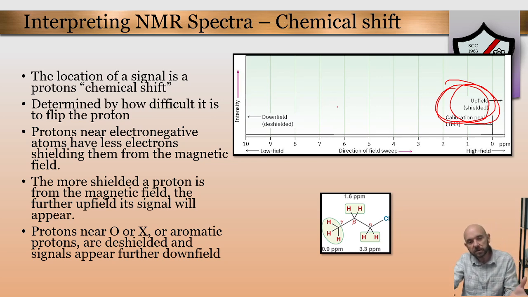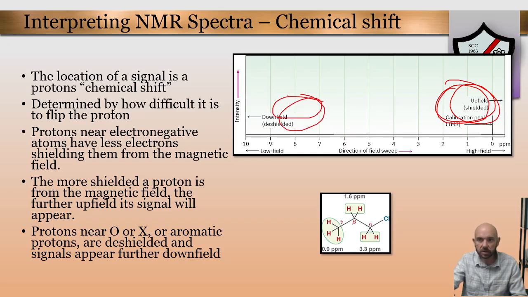They have things near them that pull their electrons away, and so they feel a lot of that magnetic field that's being applied, and it requires a lot of energy to flip them between the two states, and those would be found in this part of the NMR spectra. So we'll take a look at how we can predict some of those on the next couple of slides and how we can use it to understand the structure of the molecule.